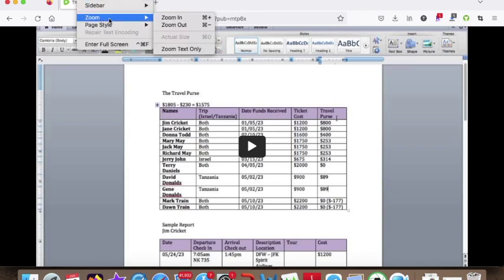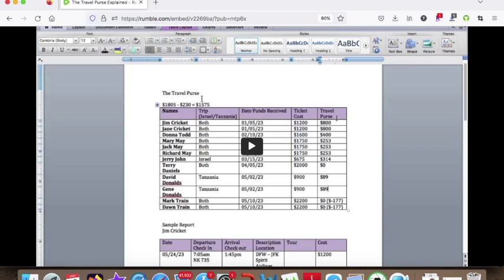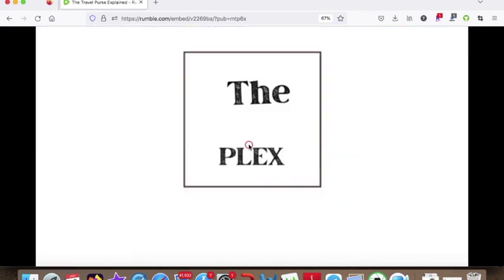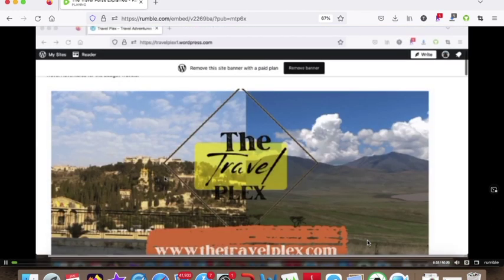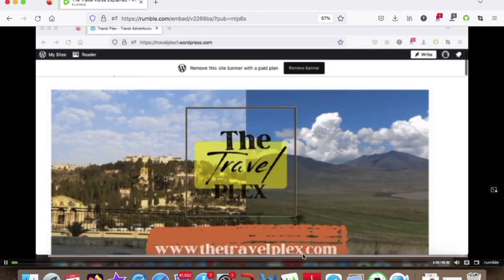See if I can zoom out a little bit more. Okay, it really is not going to help me do it that way. Now you see how this is open.